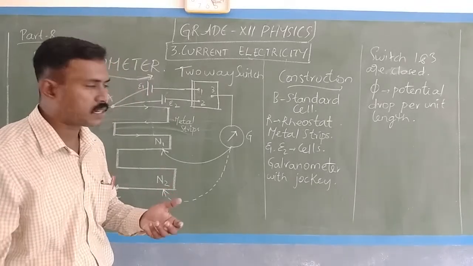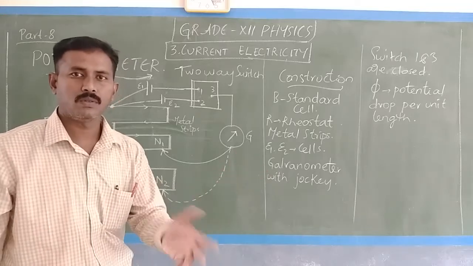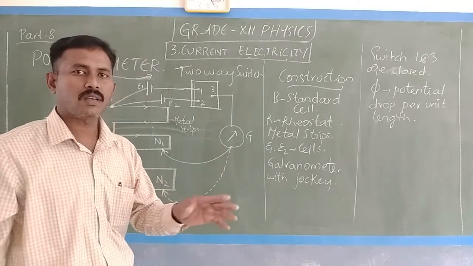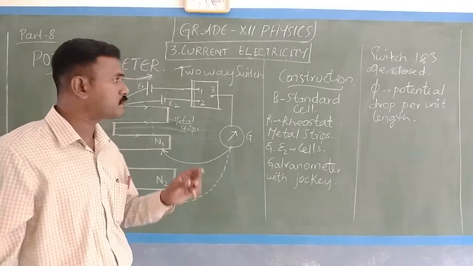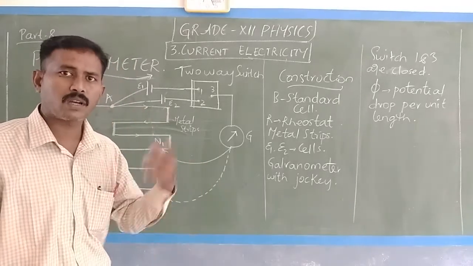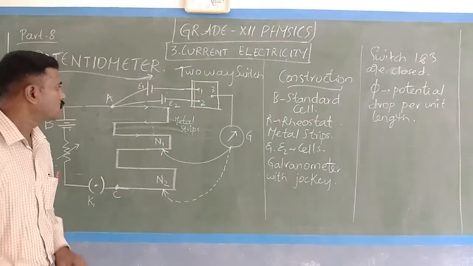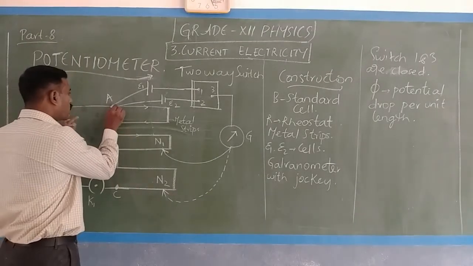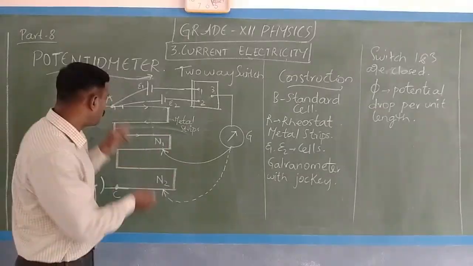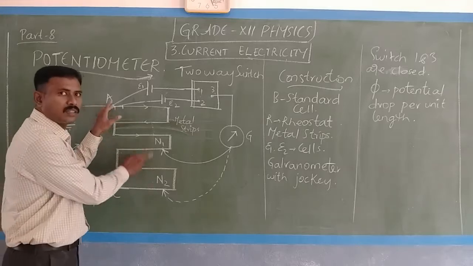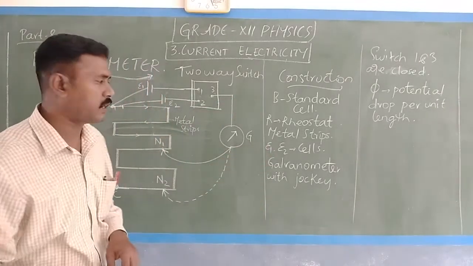Unit length na என்ன சொல்றானா ஒரு சென்டிமீட்டருக்கு இவ்வளவு டிராப் இருக்கு. அப்ப 10 சென்டிமீட்டர்னா எவ்வளவு? 10 into the potential drop per unit length. If you know the drop for 1 centimeter or 1 meter, it is a multiplication factor for other lengths. அப்ப இங்க இருந்து இது வரைக்கும் எவ்வளவு total length multiplied by the phi. Okay, that is called as phi.